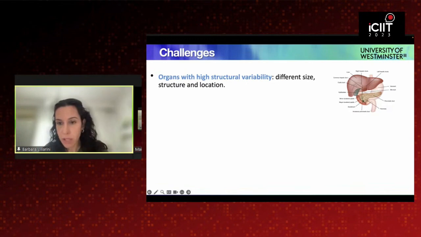If we consider here as an example the pancreas, this light yellow organ here, it has a high structural variability among different persons. Also, the location within the abdominal cavity shifts from patient to patient. Furthermore, it lies behind the stomach and often overlaps with surrounding fat and vessels. Thus, it's quite hard to identify this organ through a visual inspection.